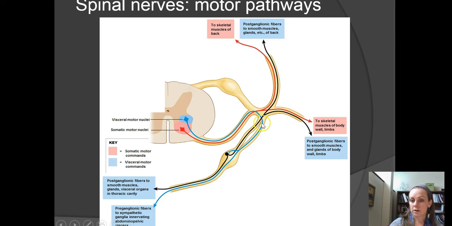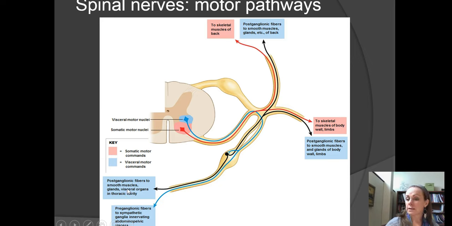So we go through the communicating rami to the sympathetic ganglion. Some of the nerve fibers pass straight on through the sympathetic nerve. Some of them may synapse onto another nerve, and if we're going to internal organs, then we transfer the signal to this black nerve, and we continue going down to the internal organs.